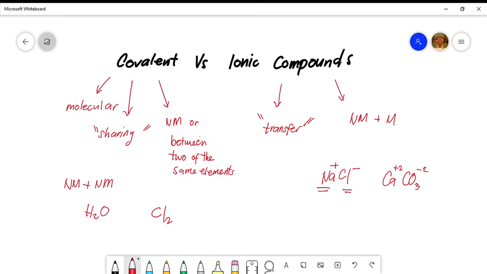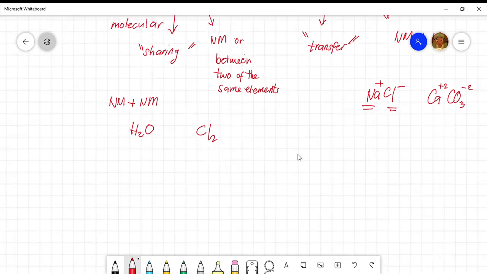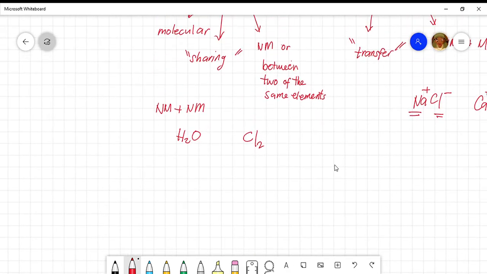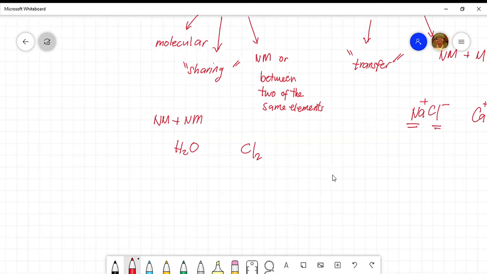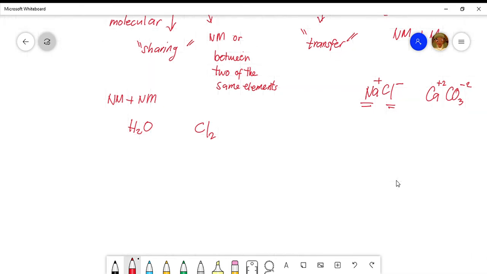So to further illustrate how this sharing and transfer happens, let us go back to the covalent compound. Let's look at this H2O.